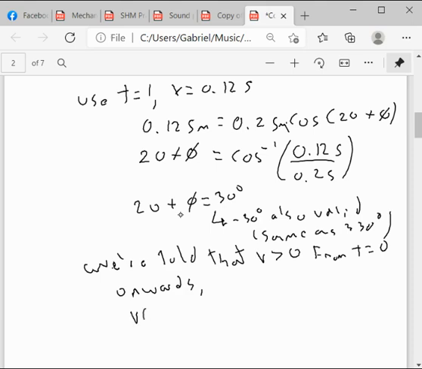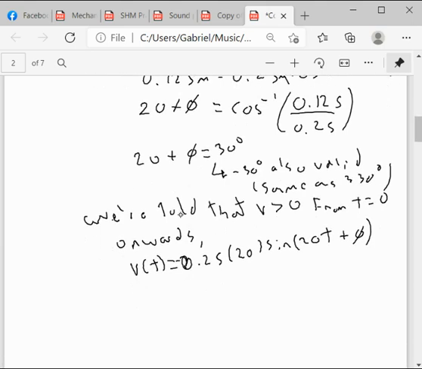So that means that our speed function, or velocity function, negative 0.25 times 20 sine 20t plus 5, this whole term here is positive.